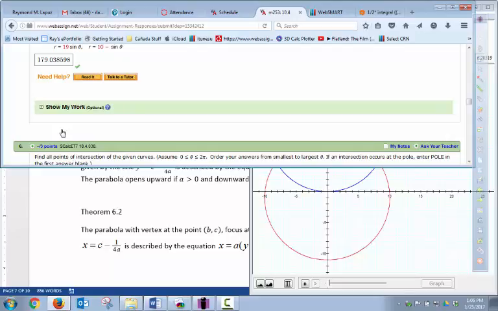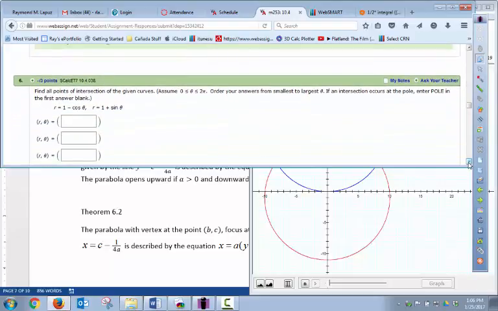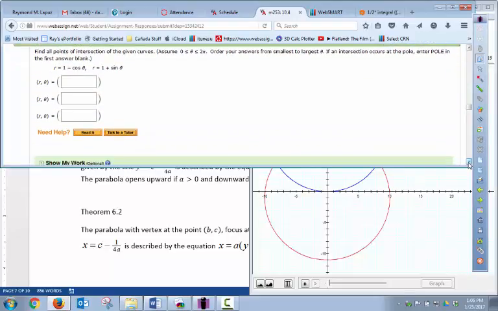So for the next problem, I was confused by what it meant by it intersects at a pole. Is that just where, like, a horizontal or vertical? A pole usually means something is undefined there.